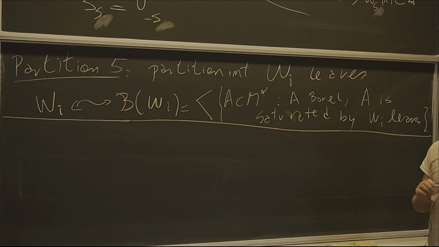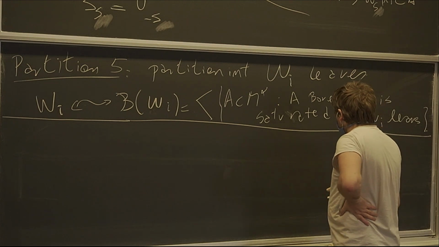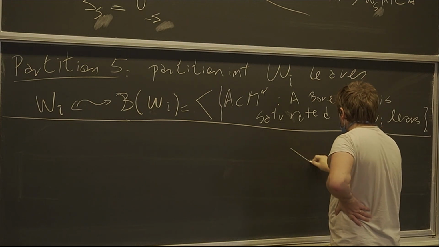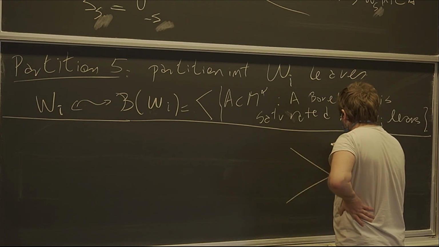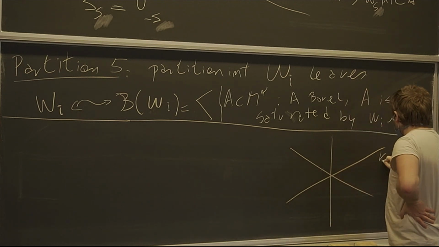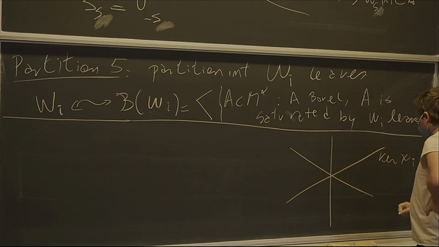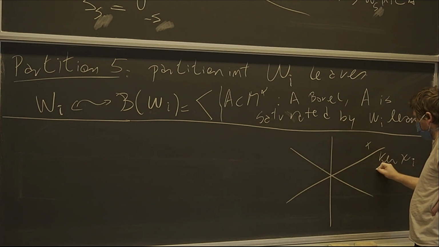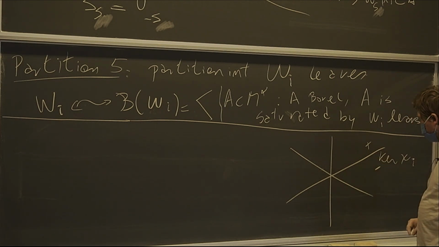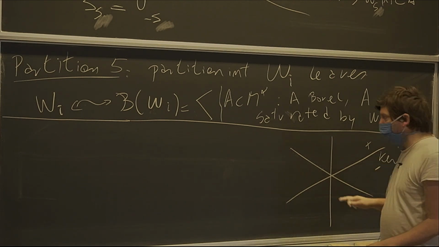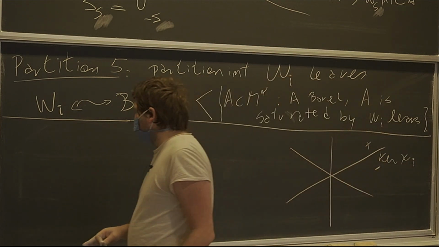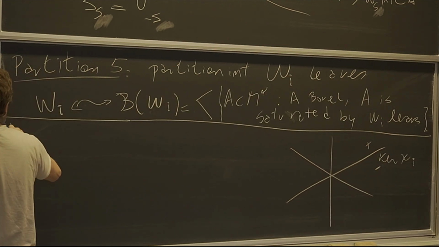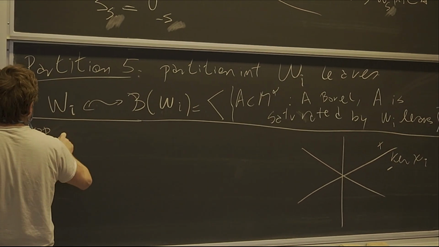Next thing which is important to know. Here is the kernel of chi I. Let's say we are positive here, negative here. And I don't think I care about any of the other guys. Now, properties.